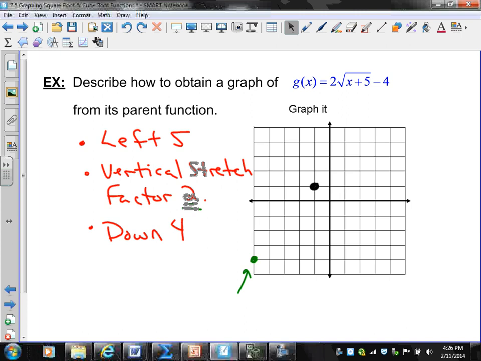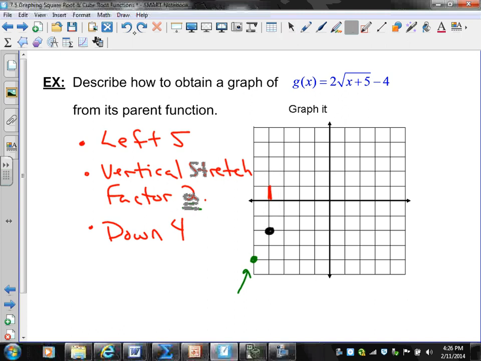Vertical stretch factor 2. Well, this distance right here, that's 1 unit off the x-axis. So I need to go twice as far off the x-axis, or to a height of 2. So again, my height was 1 before, now it's a height of 2. And now I'm going to go down 4. So 1, 2, 3, 4 goes down there.